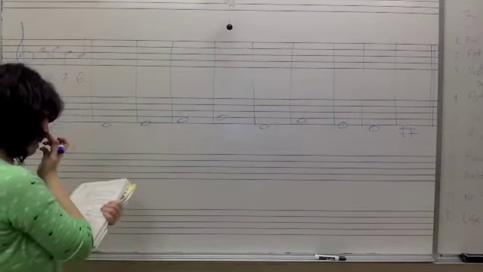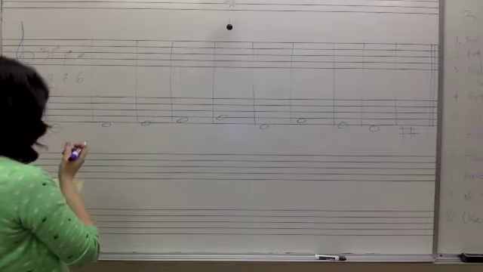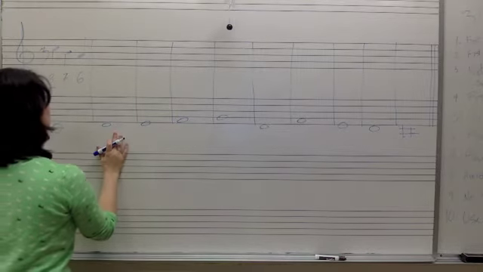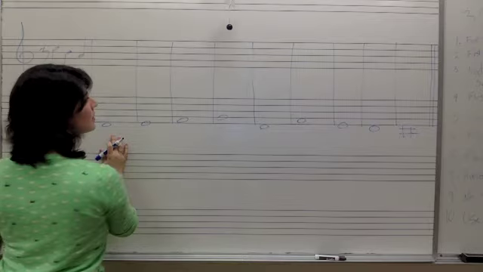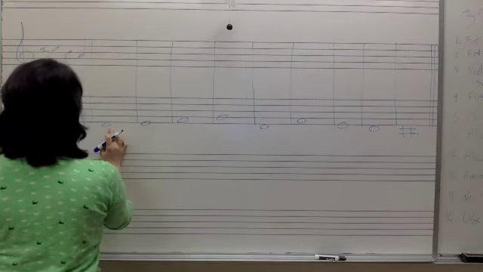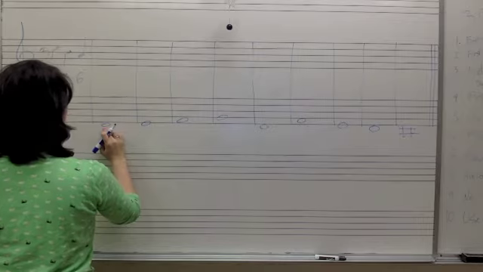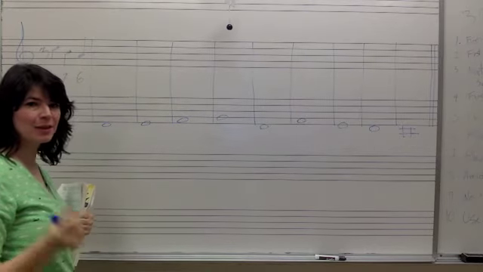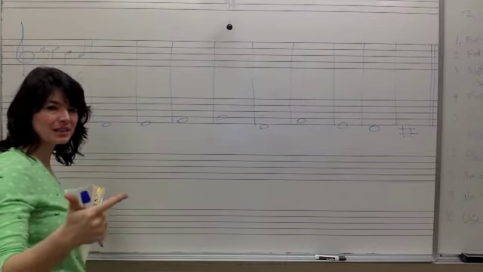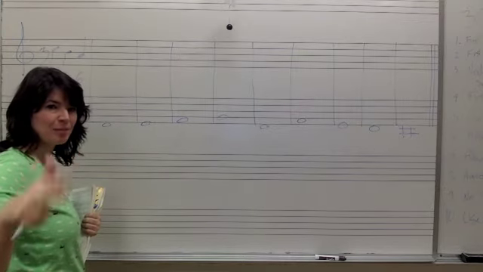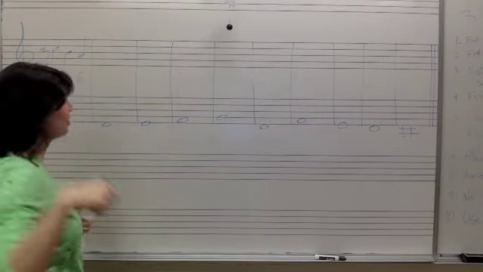So that's how that works. All right, and then let's keep going. So my next note has to be a consonant, so it has to either be a third, a sixth, a perfect fifth, octave, or 10th.